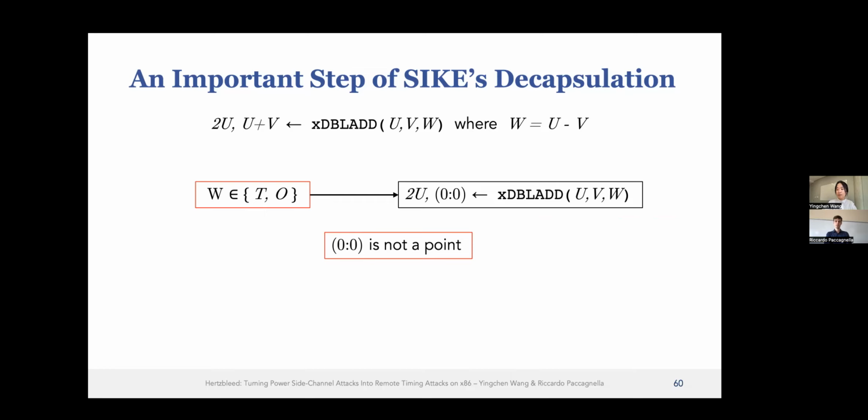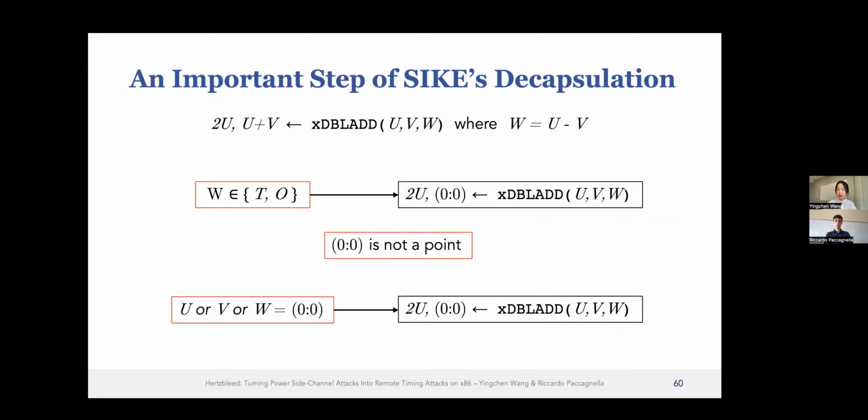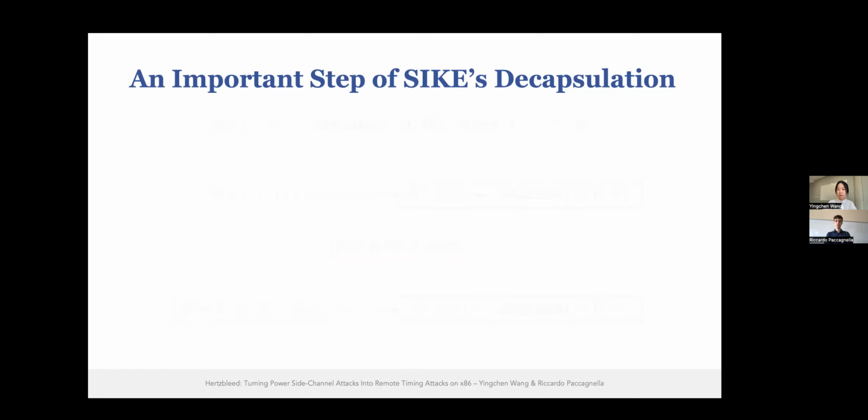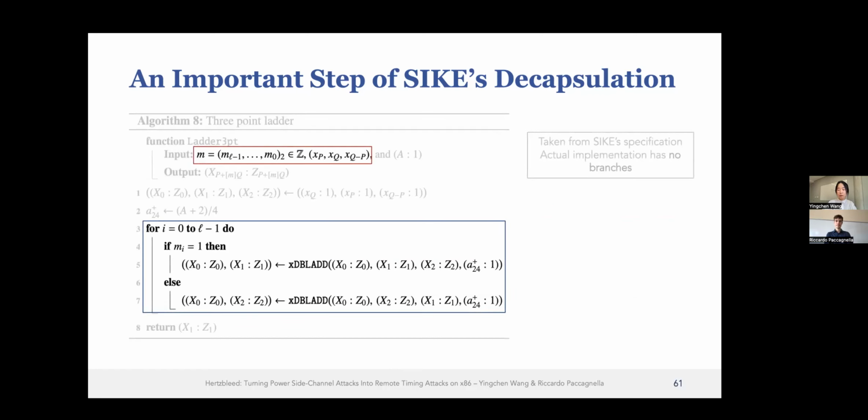As we saw previously, xDBLADD stays inside the loop, and the output of which is going to feed back to xDBLADD as input again. When the (0, 0) gets fed back to xDBLADD as an input, either as U or V or W, xDBLADD will output (0, 0) again. Let's go back to the 3-point ladder function.